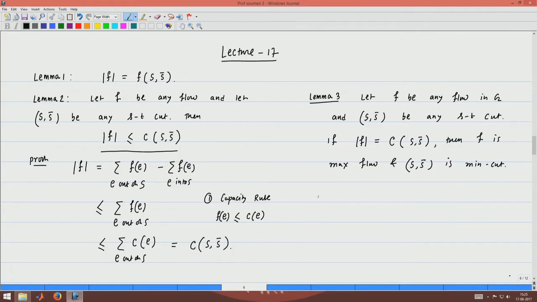Also, if you remember the previous example, I am not drawing it again, where we took S equal to {S, A, C}.